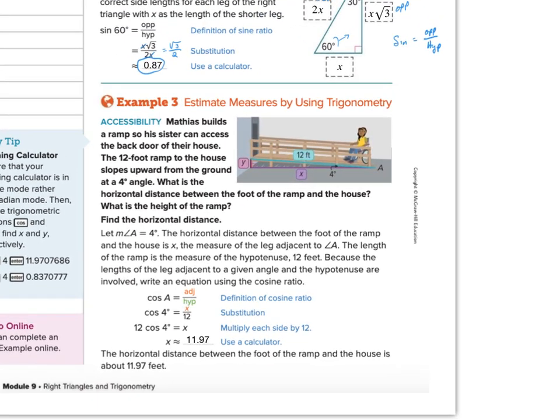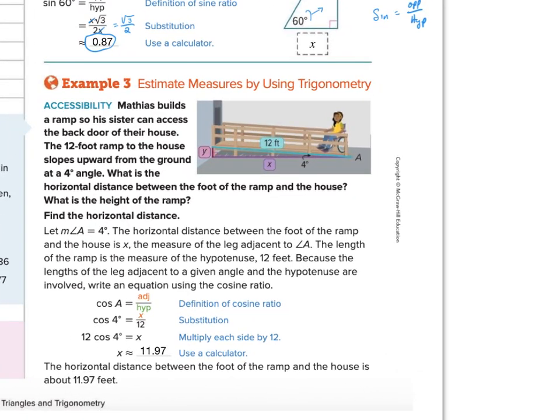If I were to draw this a little bit easier for me to see, let's obviously not draw to scale, but if that's my 90 degree angle, this is 4 degrees, this is y, this is x. Looking from angle A, if I'm trying to find y, that is my opposite side, x is my adjacent side, and this is my hypotenuse because it is across from the right angle.